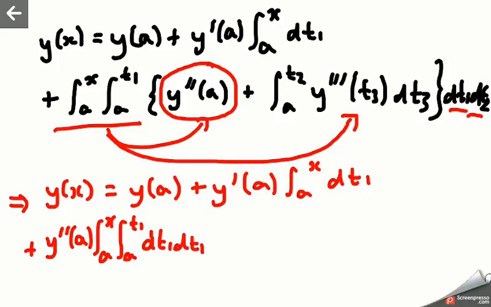So integrating first with respect to the variable. Did I get that the right way around? Oops, I mixed up here. This should be a dt2, dt1. Sorry about that.